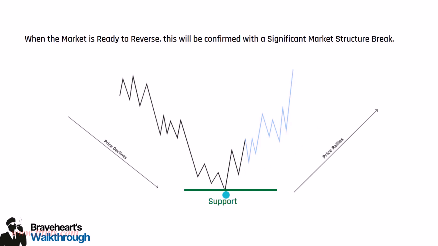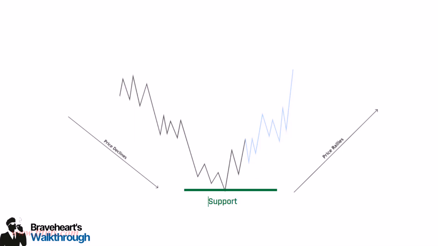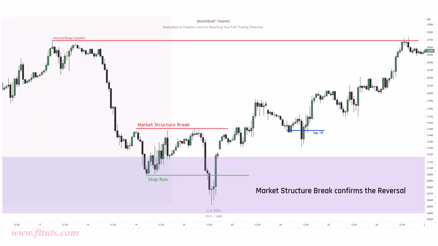So if we see a support level, price is going to decline and completely reverse that when we have a significant market structure break. So here, clean highs. Inside that monthly order block range, we're taking out lows, which is a fake out. We cleanly close above these highs, which is the market structure break.